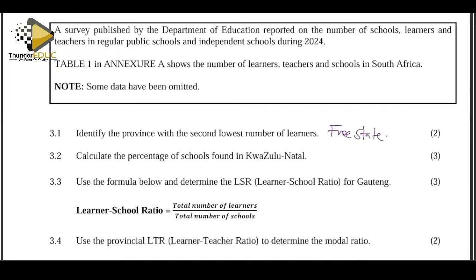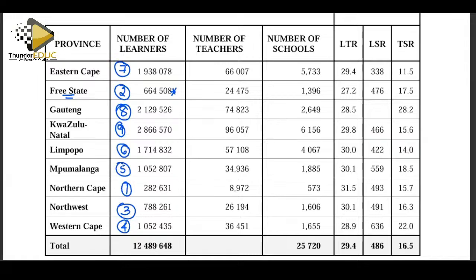Then calculate the percentage of schools found in KwaZulu-Natal. Here, this is KwaZulu-Natal: number of learners, number of teachers, then number of schools as a percentage.